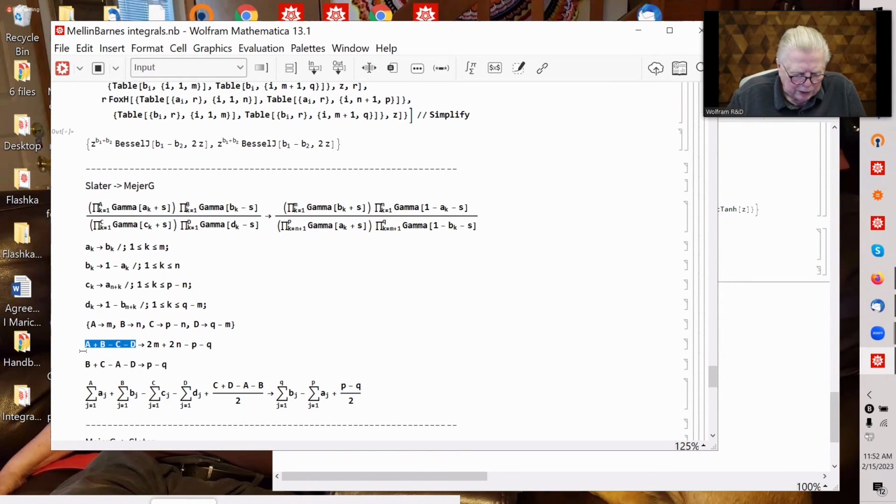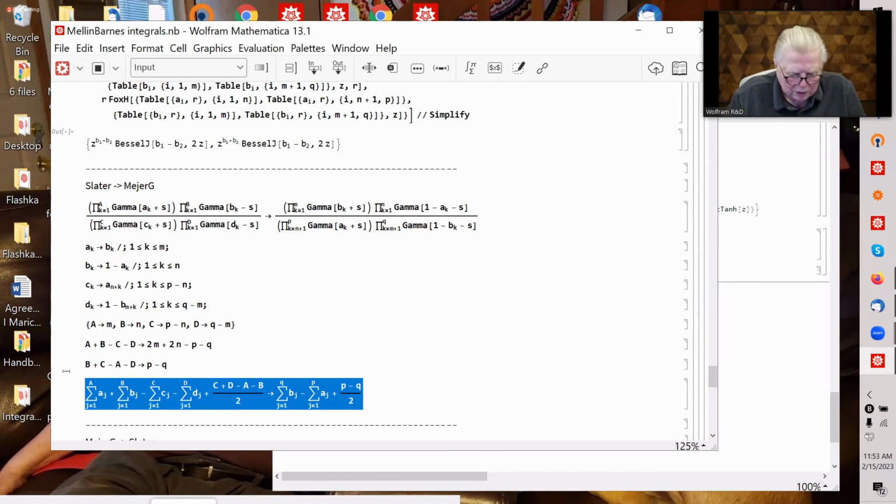So many difference, how many gamma function in denominator minus how many in numerator minus how many in denominator. And this characteristic connected with power component, as I told.